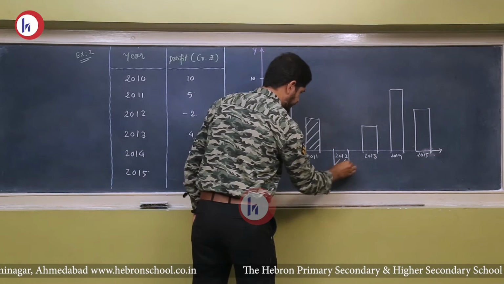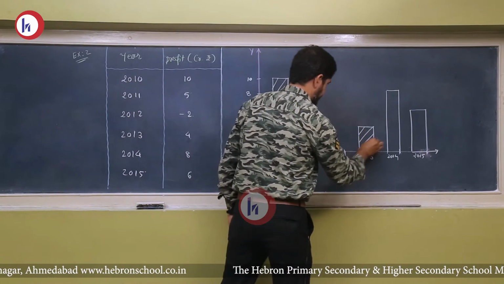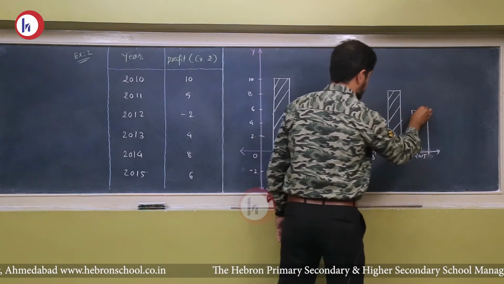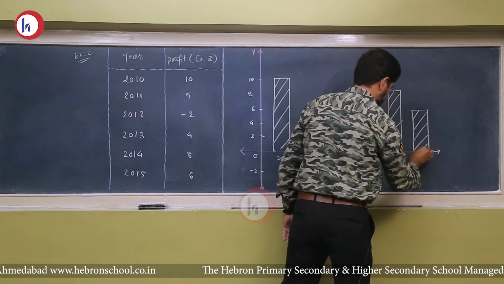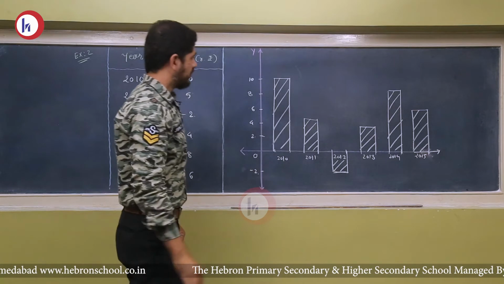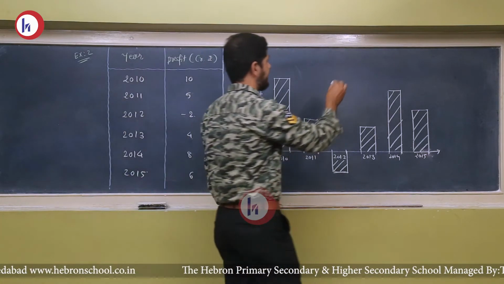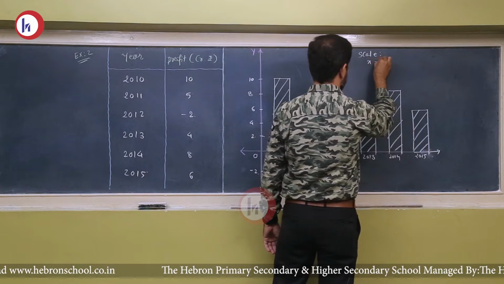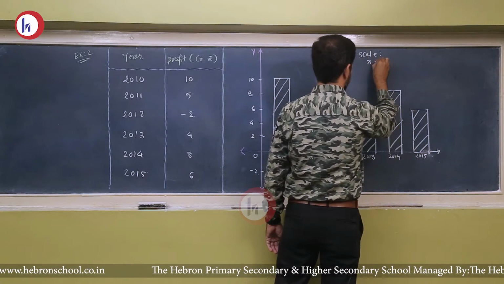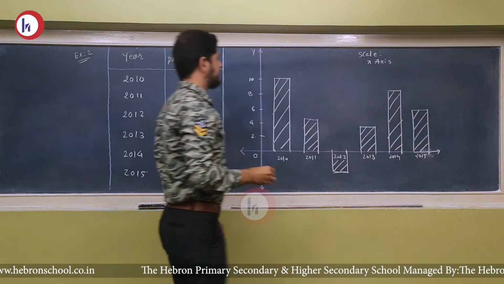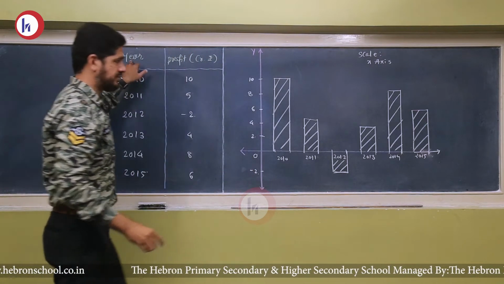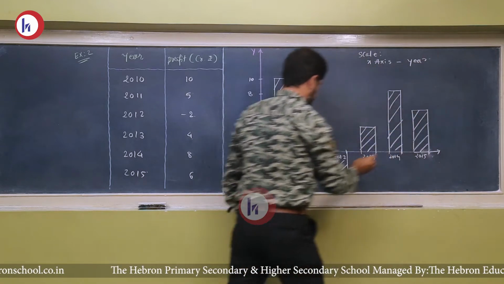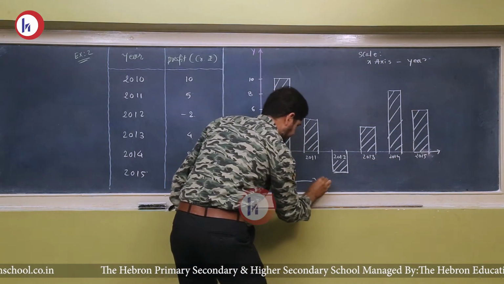Now let's make it beautiful. On the right side, again we will write the scale. On the x-axis there is the year, so let's represent the year.